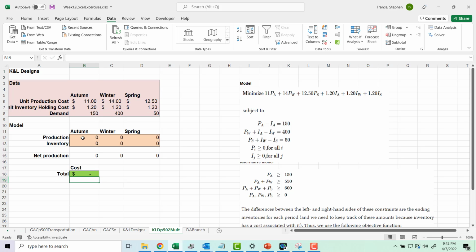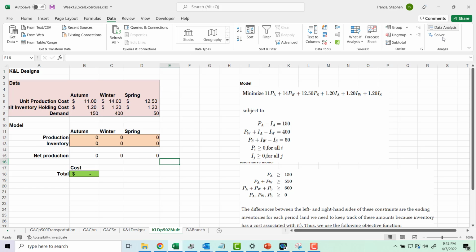And that would give us the cost. So say, for example, if we have the 300, 150, then you see we've been charged $11 per unit for the production. And we're holding over 150 inventory. And we've got an extra 150 times $1.20.